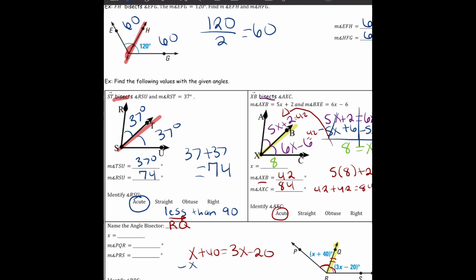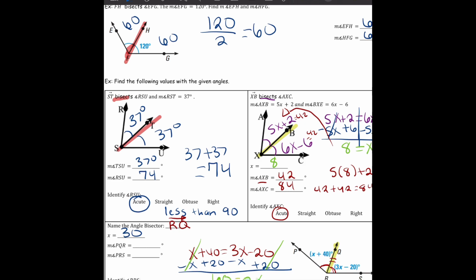So I'm going to subtract x, and then I'm going to add 20. Cancel. 40 plus 20 is 60, equals 3x minus x is 2x. And then I divide by 2. So x equals 30.